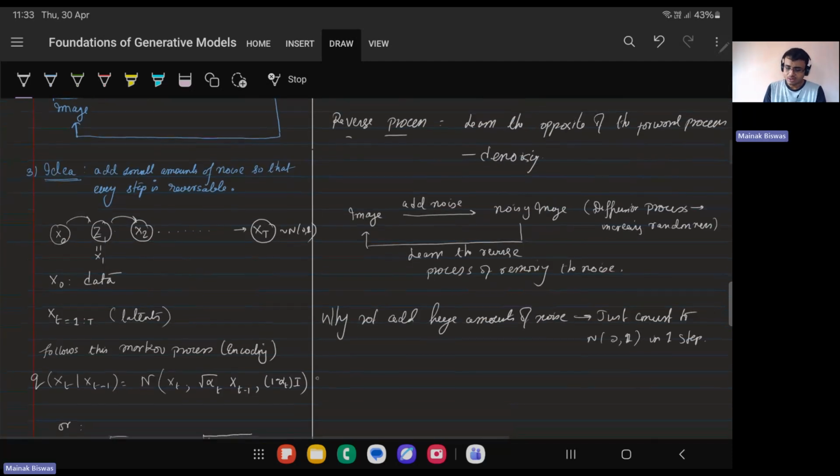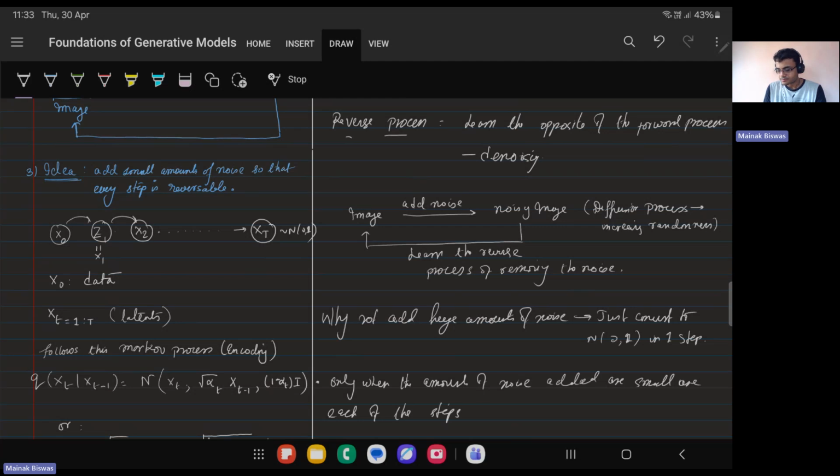The answer is that only when the amounts of noise added are small is each of the steps reversible.